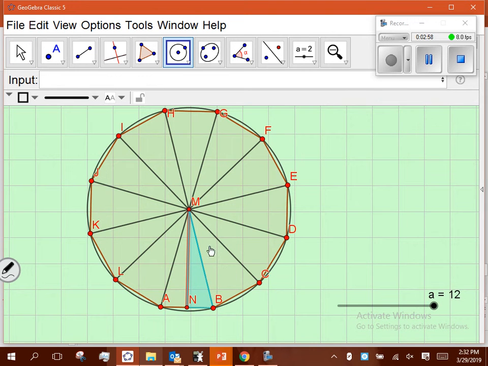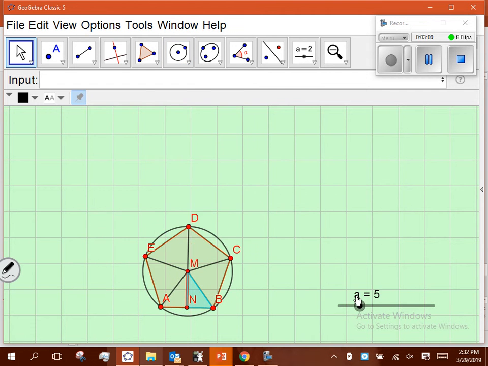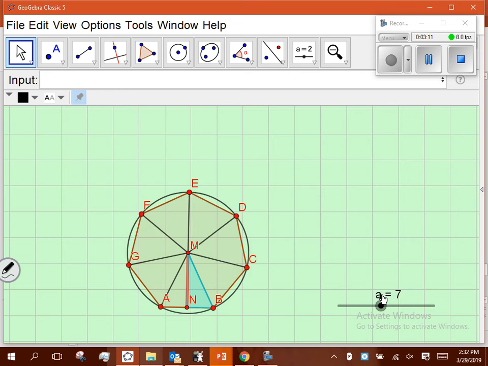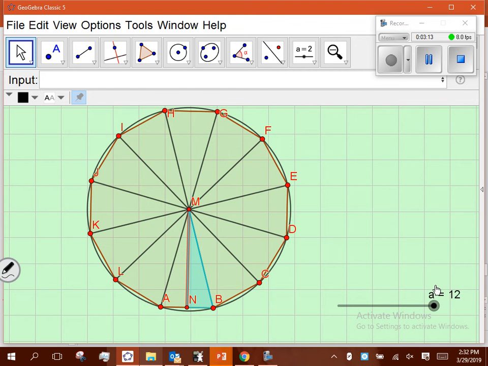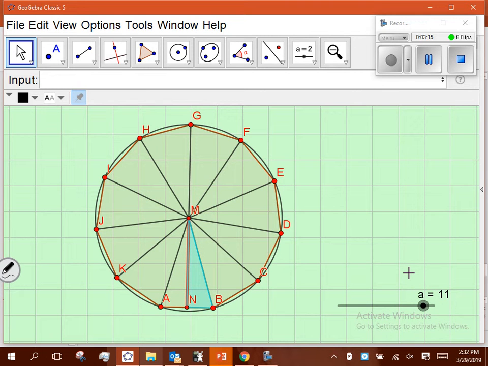So each one of those black lines is the radius of the circle, but it's also the radius of the polygon, right? And that's going to be the case no matter which one of these polygons I talk about. That radius of the polygon is the same as the radius of the circle. So when it says the radius of the circle in our problem was 12, then the radius of our polygon is also 12, right?